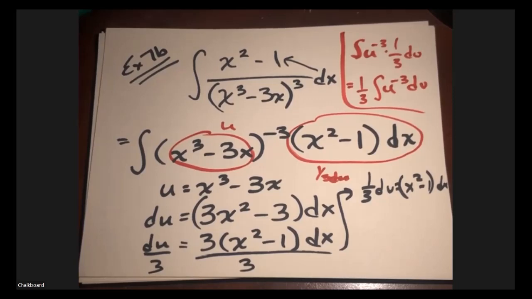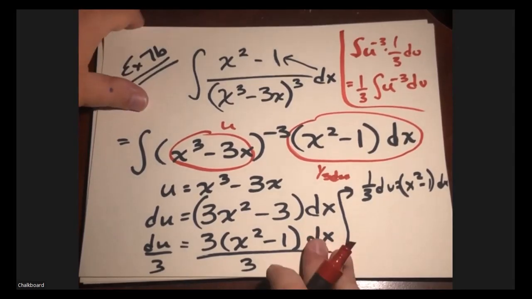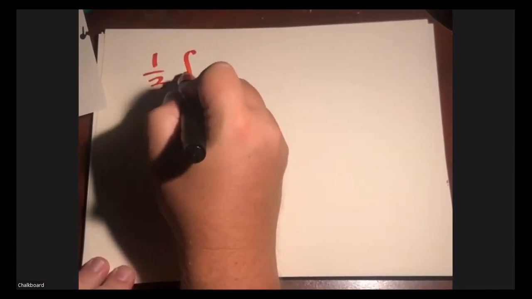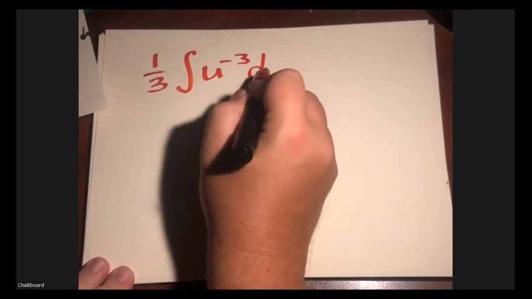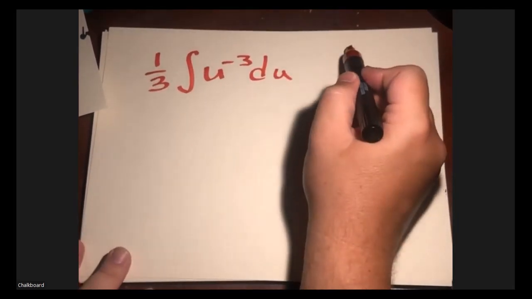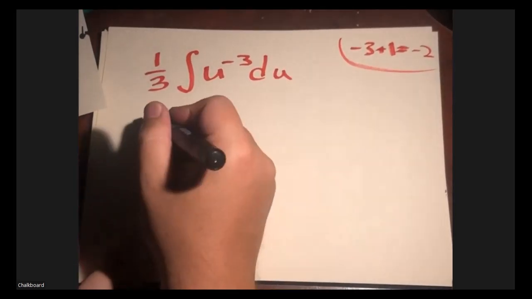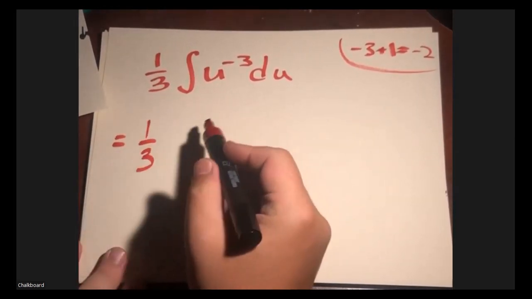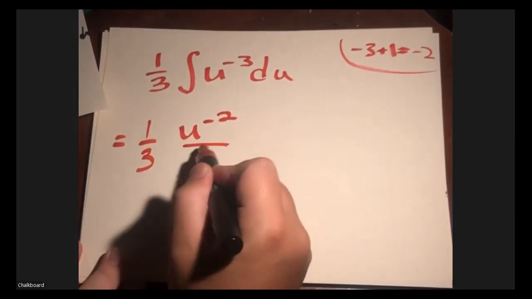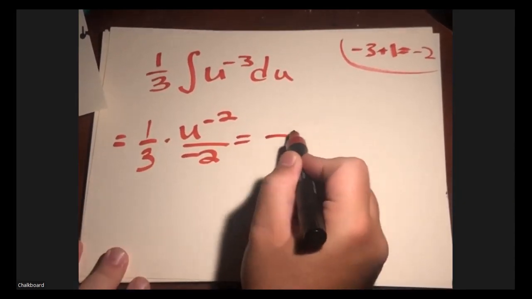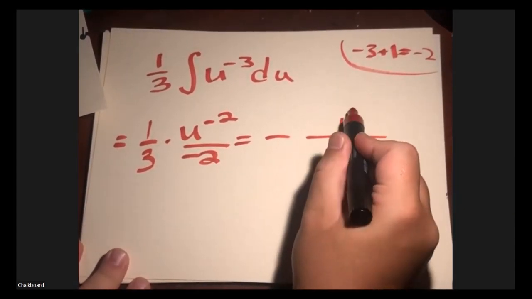So let's take it from there with u to the -3 and find the integral of that. It ought to be 1/3 integral of u to the -3 du. -3 plus 1 is -2. So this ought to be 1/3 u to the -2 over -2, which is something like this.